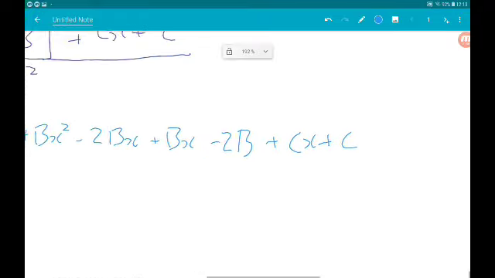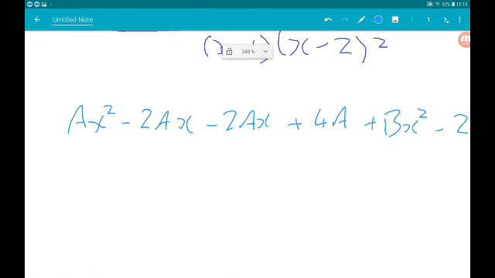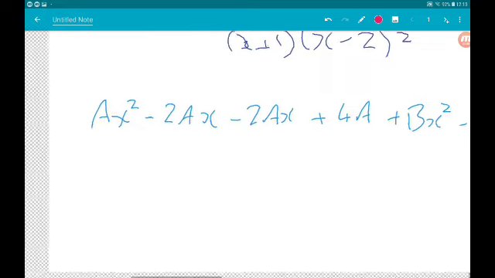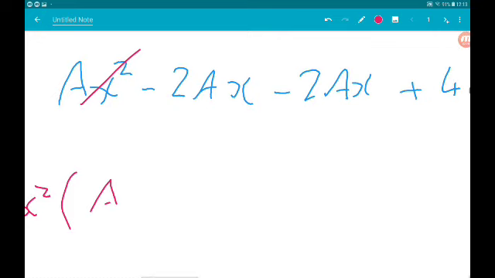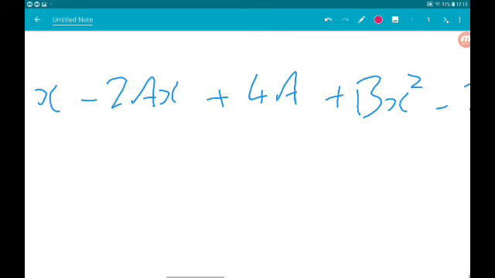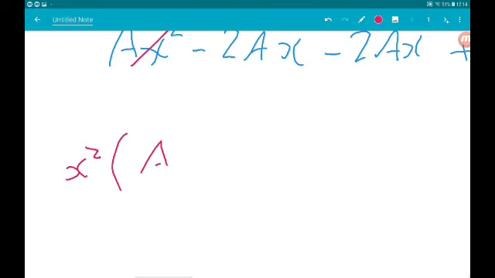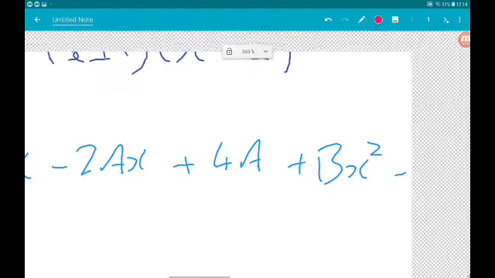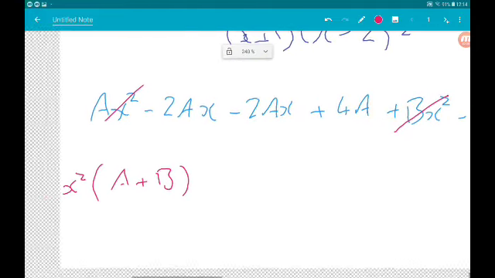Right, let's group this together. So, in terms of x squared, we've got Ax squared, so there's an A. Let's cross out as we go. And then we got plus Bx squared, so that's x squared lots of A plus B. Now let's do the x terms.